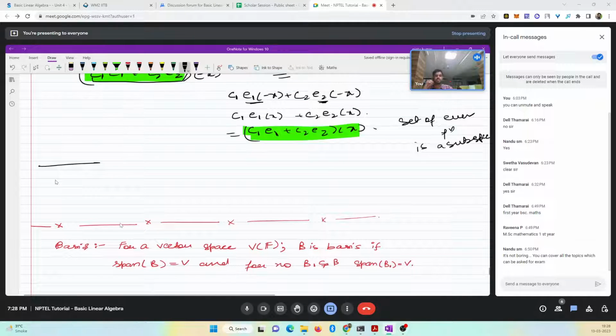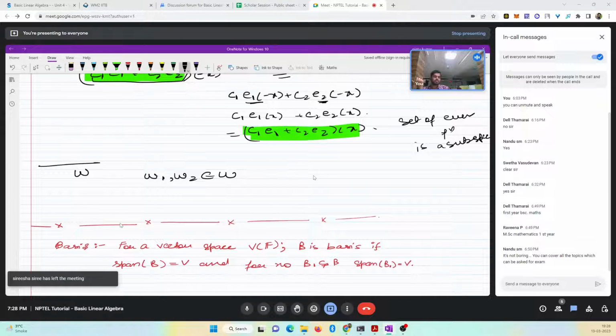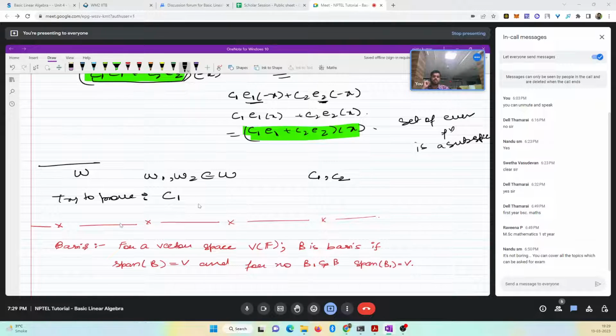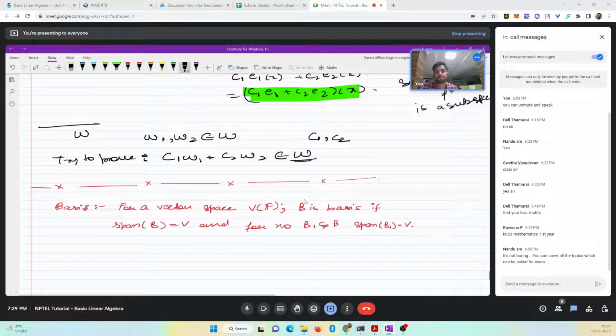Whenever you have to prove that W is a subspace, you should take two arbitrary elements of W and two scalars C1 and C2, and try to prove that C1 W1 plus C2 W2 is also an element of W. Okay. So this is what you have to do.